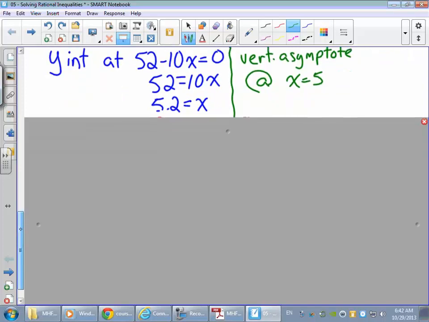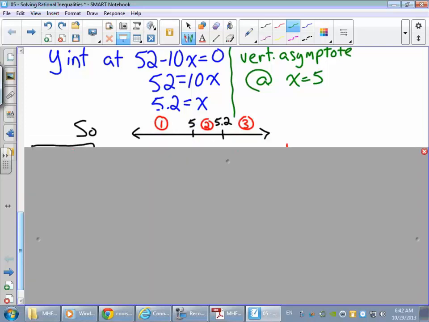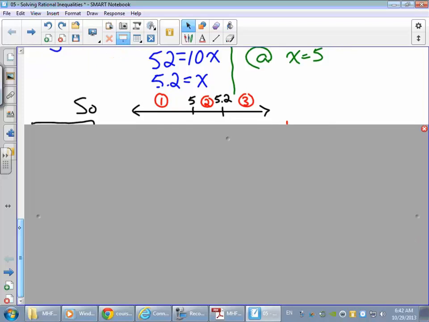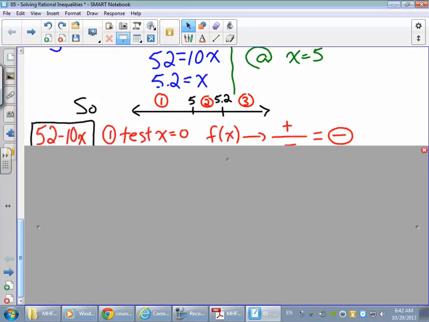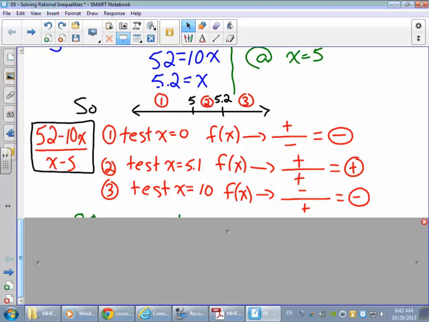Those will be my zeros, and in between or around those is where the different options will occur. Numbers that are not 5 and 5.2 will either give negatives or give positives, and we just have to figure out which is which. Without going too far here, dealing with the 52 minus 10x, I just rewrote this down here for my own purposes.